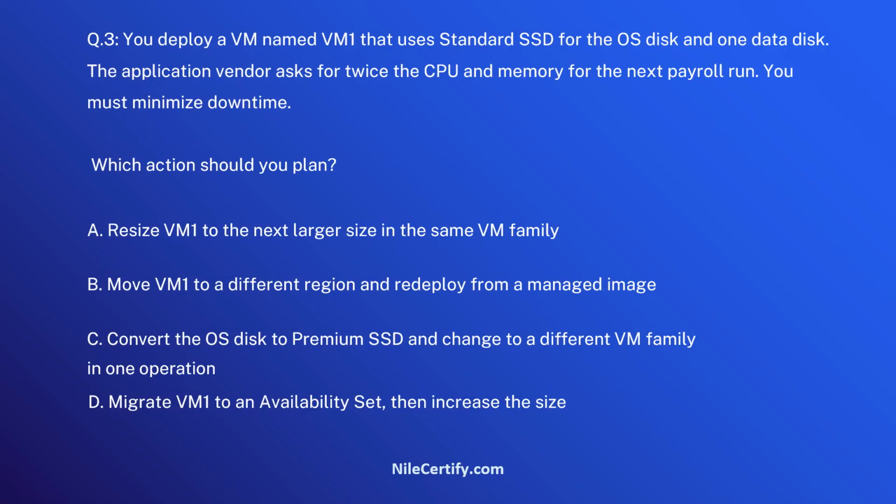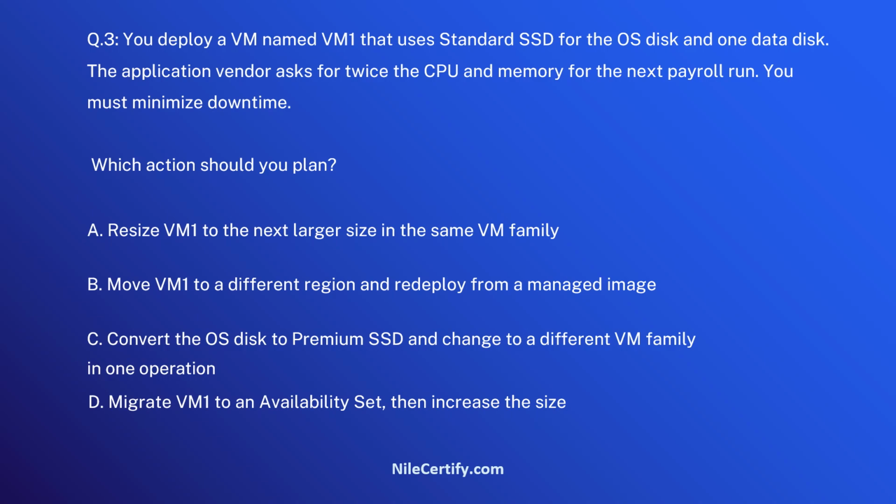Moving to the third question. It says you deploy a VM named VM1 that uses standard SSD for the operating system disk and one data disk. The application vendor asks for twice the CPU and memory for the next payroll run. You must minimize downtime. Which action should you plan?